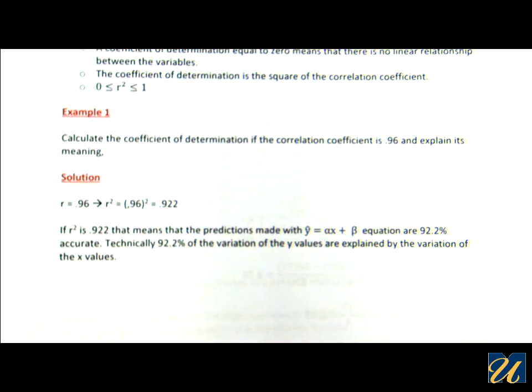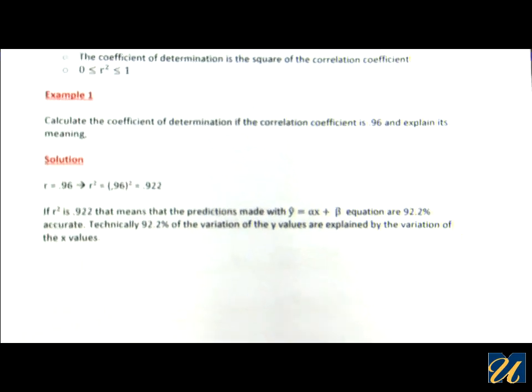So if r squared is 0.922, that means that the predictions made with the y predicted equals ax plus b equation are 92.2% accurate. Technically, 92.2% of the variation of y values are explained by the variation of the x values.